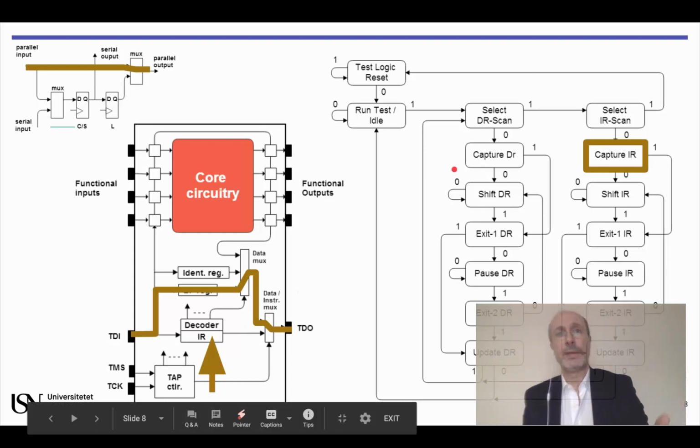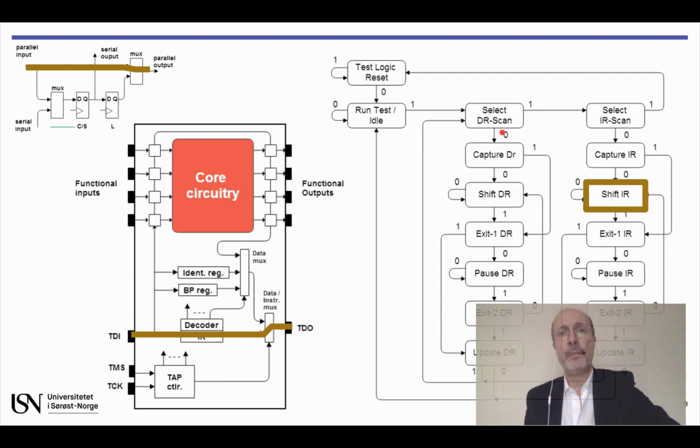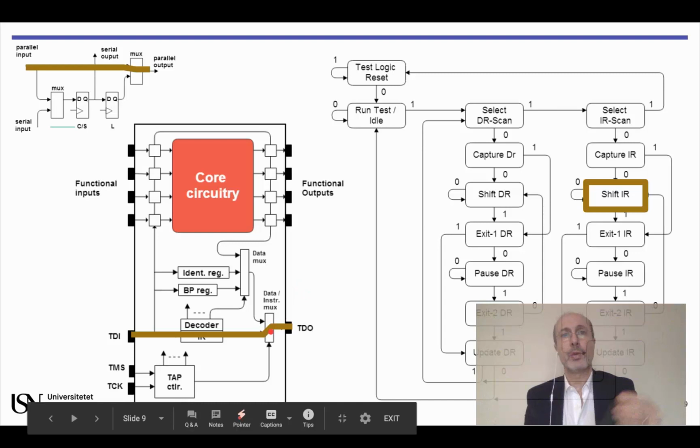We are now ready to shift in the first instruction, so we will drive a 0 to TMS in order to move from capture instruction register to shift instruction register. This is the moment when the data instruction multiplexer switches to its lower input as shown here in the slide.